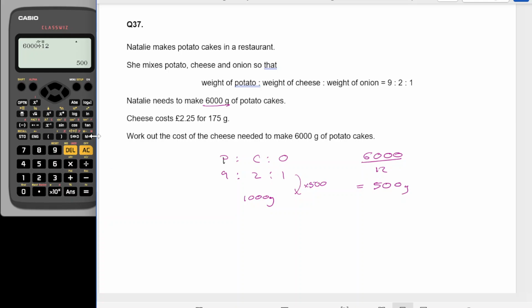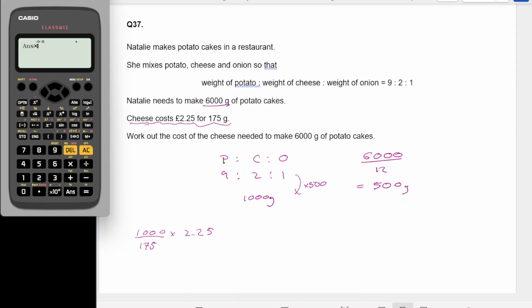Right, the slight dilemma here is, I know the answer to this, but let's just discuss it slightly. Cheese costs £2.35 for 175 grams. We're going to assume that she can buy any weight of cheese and they don't have to be blocks of 175. So the sum that we need to do then is going to be 1000 divided by 175 times £2.25.